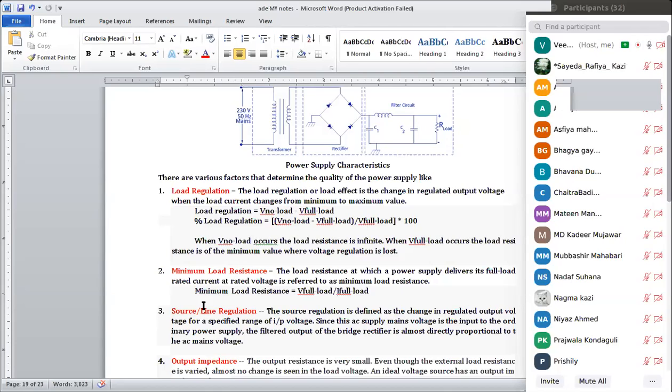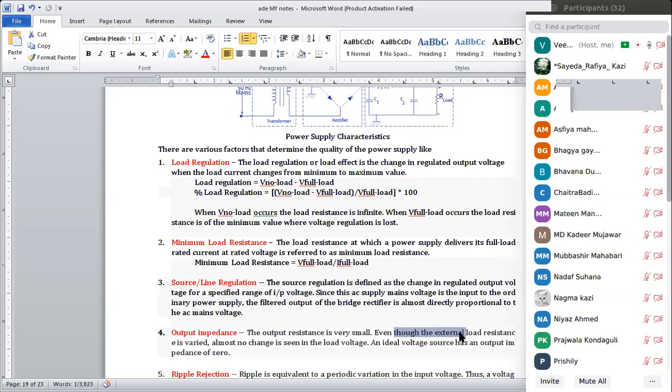Then source regulation or line regulation is the change in the output voltage with a specified range of input voltage. Then output impedance, which should be equivalent to 0, so that even if we change any external load resistance, no change is seen in the load voltage.